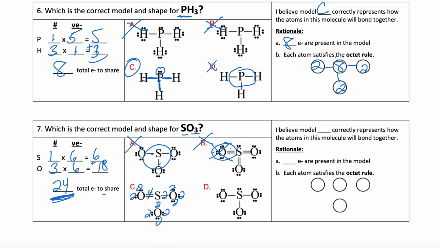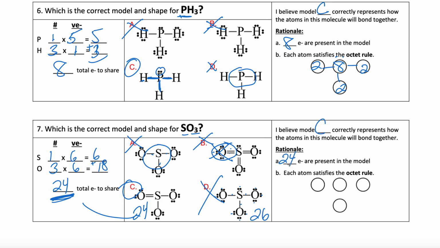So if you count all of those up, you'll end up with 24. 2, 4, 6, 8, 10, 12, 14, 16, 18, 20, 22, 24. This has 24. That looks like our winner because that matches, but let's just check D. 2, 4, 6, 8, 10, 12, 14, 16, 18, 20, 22, 24, 26. That's why D is wrong. So C is our correct model.